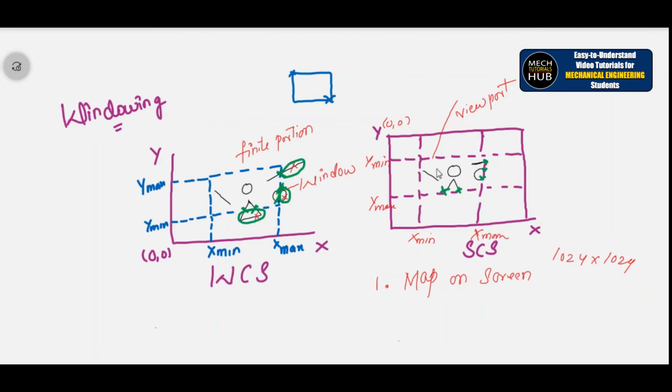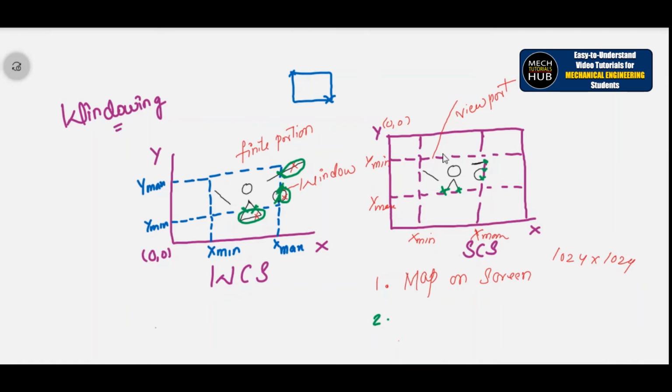Here we call it a window, a finite portion, and when it comes to our screen, we call it a viewport. Multiple changes can be done in that particular viewport. As far as the viewport is concerned, the second point is that the viewport is part of the complete screen.